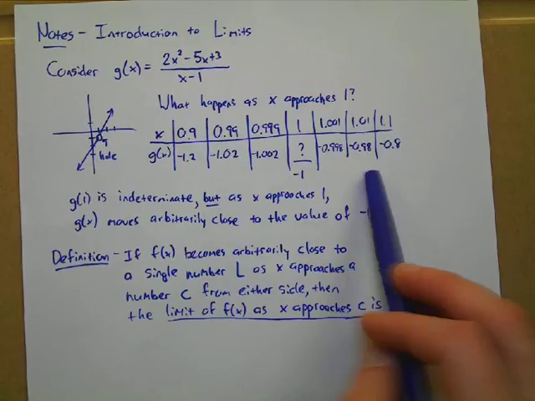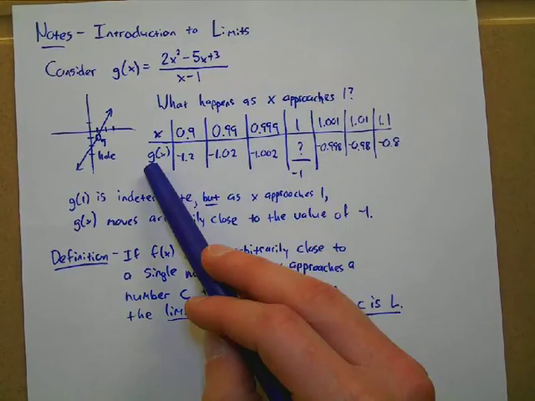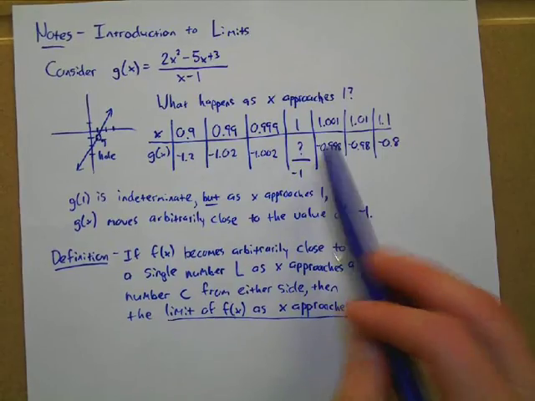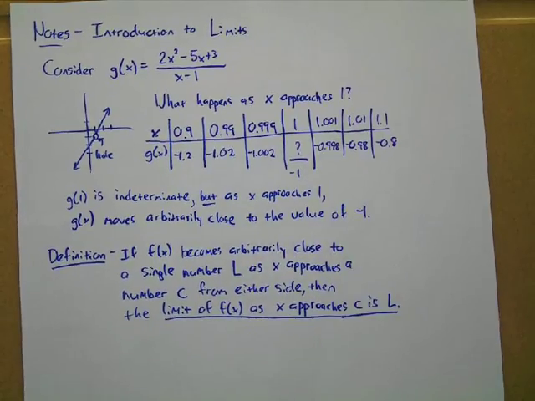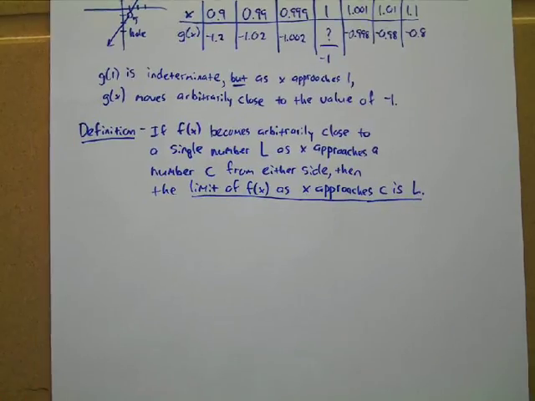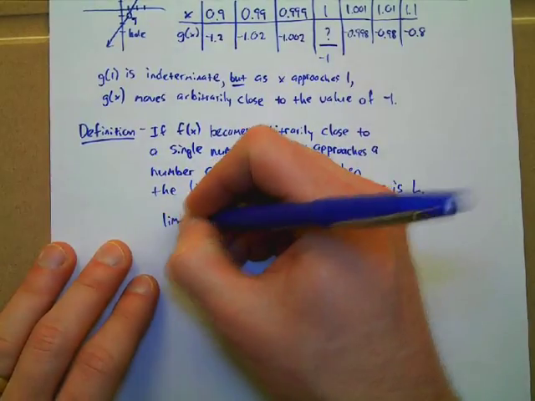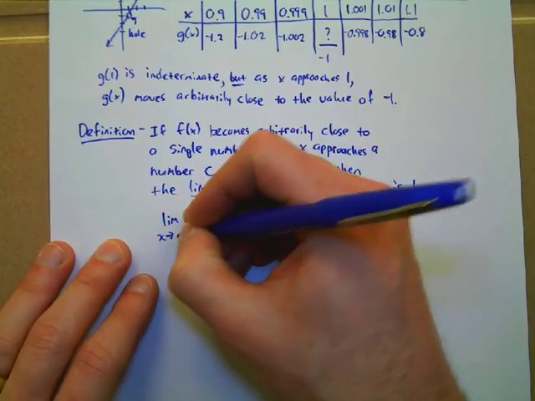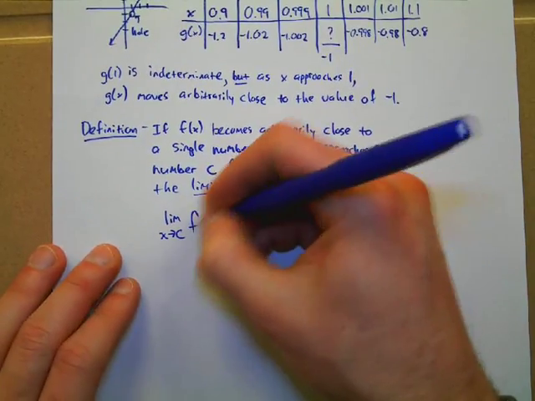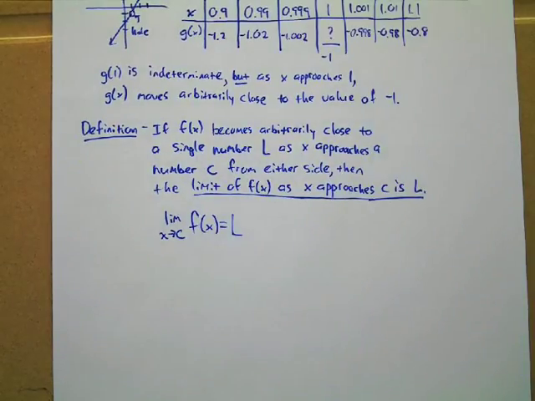Our capital L limit value was -1 that we were approaching, right? Both sides were approaching that. Obviously that's a lot of words to write out, and we like to use symbols and abbreviations. So the way we symbolically say that is the limit as x approaches C of f of x equals L. And this will be one of the first major units that you touch on should you decide to move on to calculus next year. This is one of the very first units you'll touch on. That's the very official mathematical way to see it.